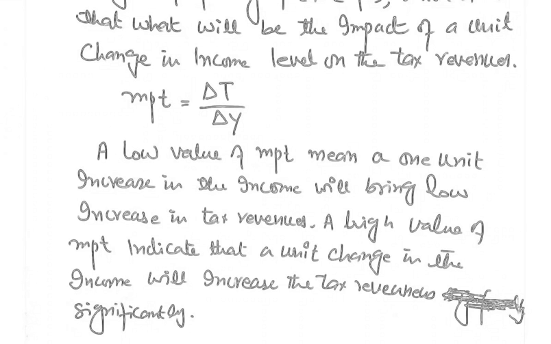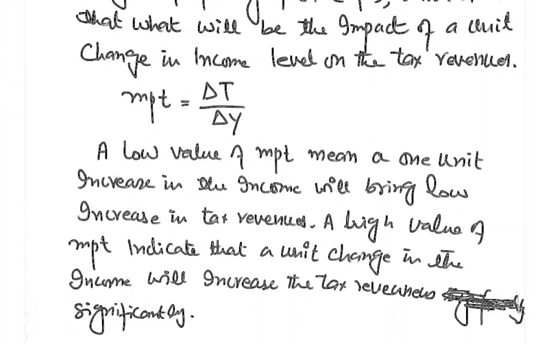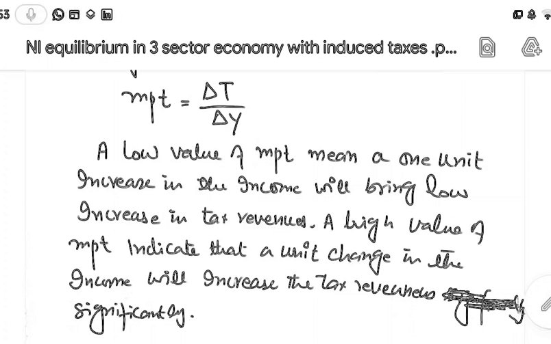Now we will go ahead with the derivation of the multiplier when we include the induced taxes. We will derive all types of expenditure multipliers, that include the consumption expenditure multiplier, investment expenditure multiplier, government expenditure multiplier, and the tax multiplier, as we have calculated in our previous lecture.